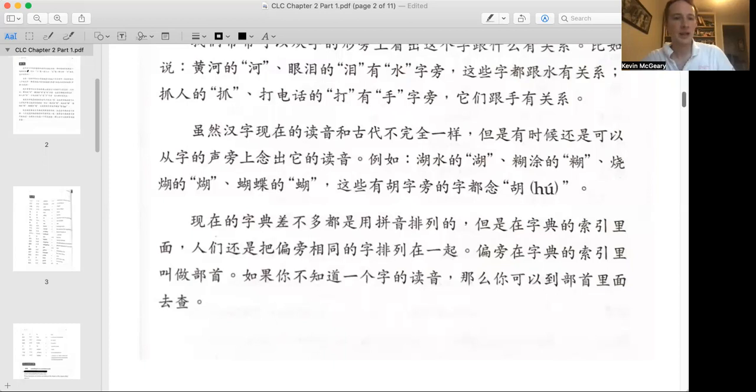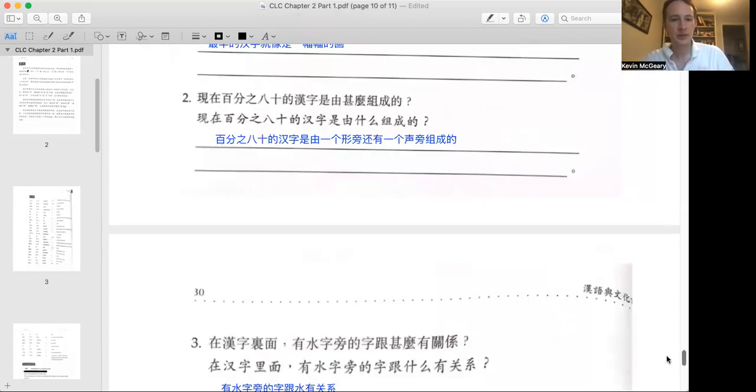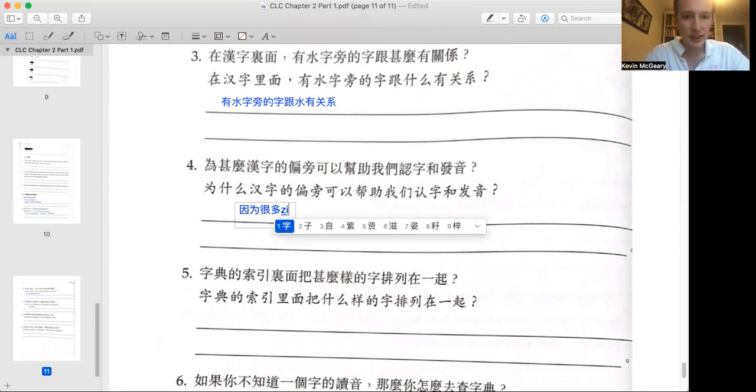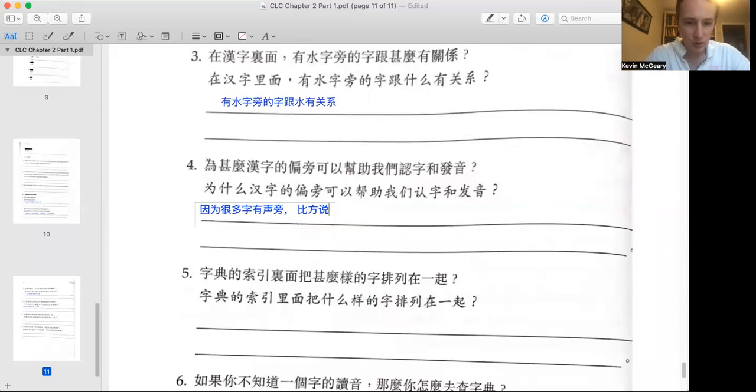So we'll go down and answer question 4. 为什么汉字的偏旁可以帮助我们认字和读音？因为很多字有声旁, so many characters have a sound element. 比方说湖水的湖, so for example, 湖 as in lake.